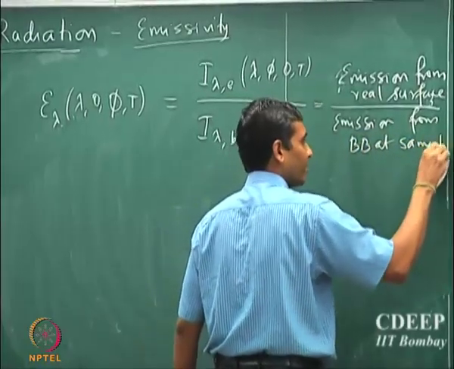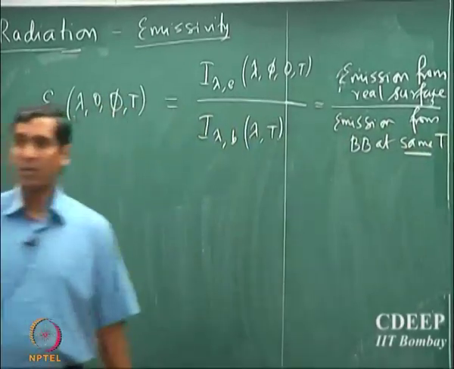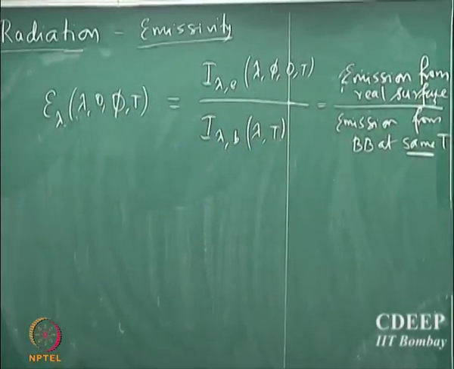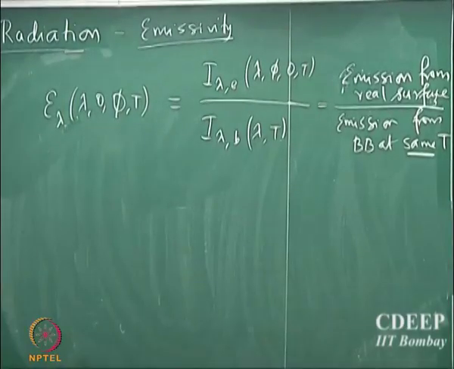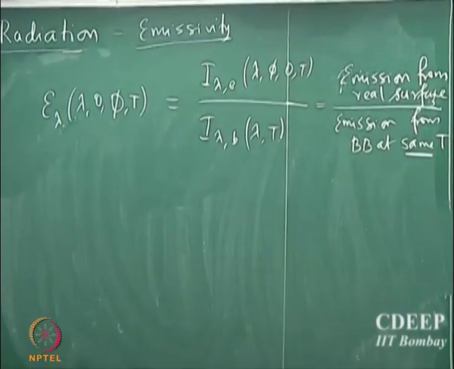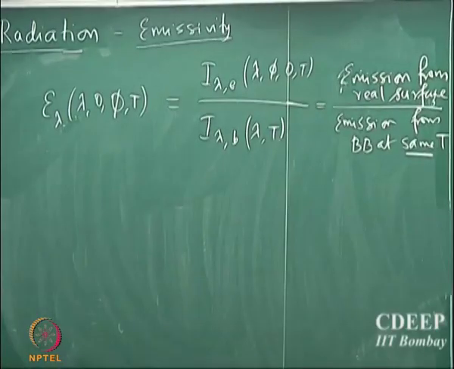That's very important. It has to be at the same temperature. It's a ratio of the emission from the real surface with that of the emission from a Blackbody, which is maintained at the same temperature.